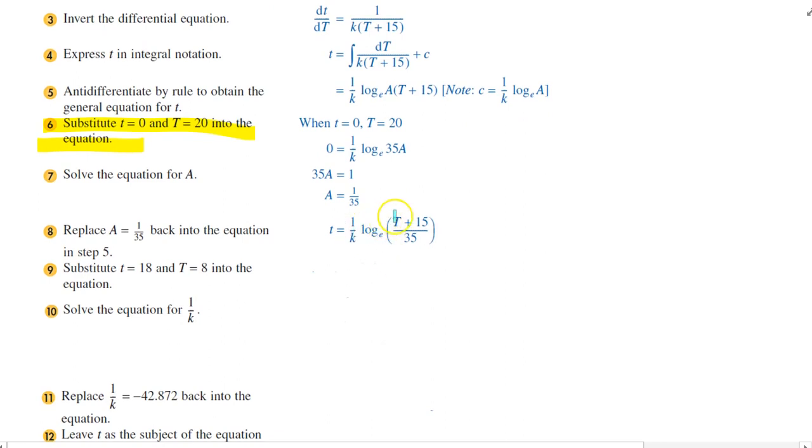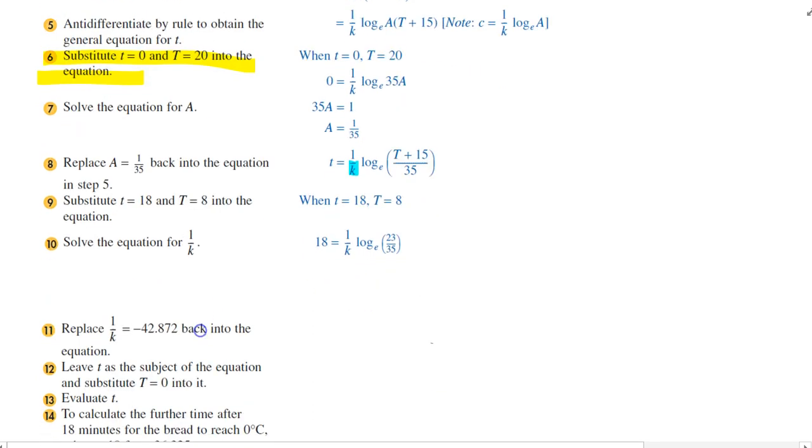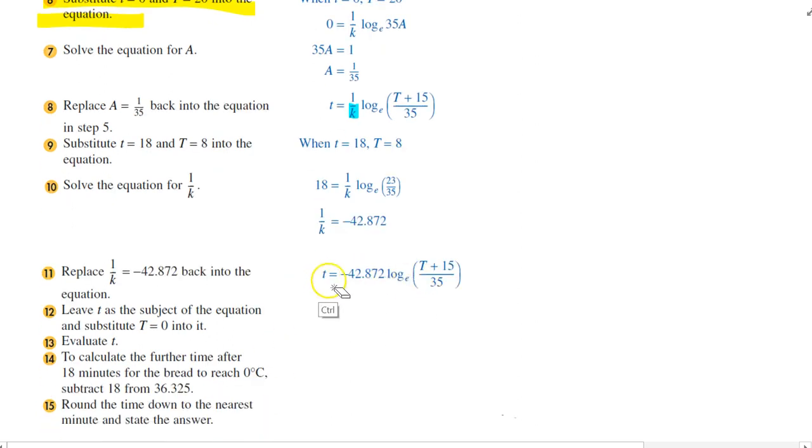So that's going to allow us to find this k value here. Okay, so 1/k equals -42.872, and our equation is now this.